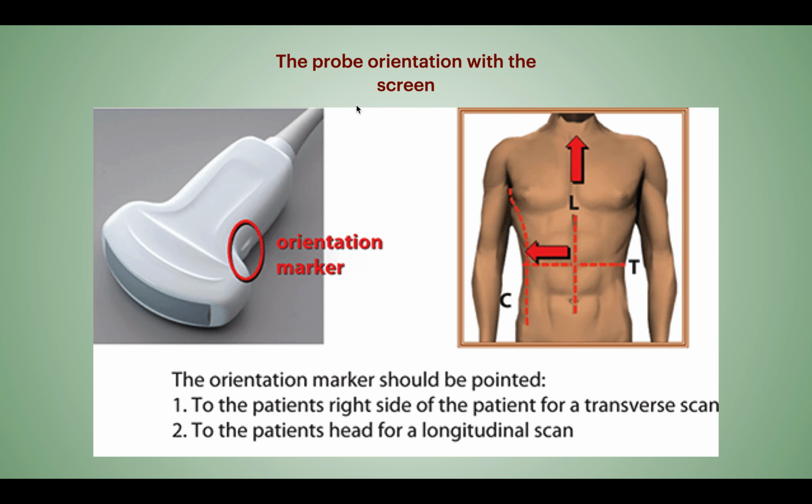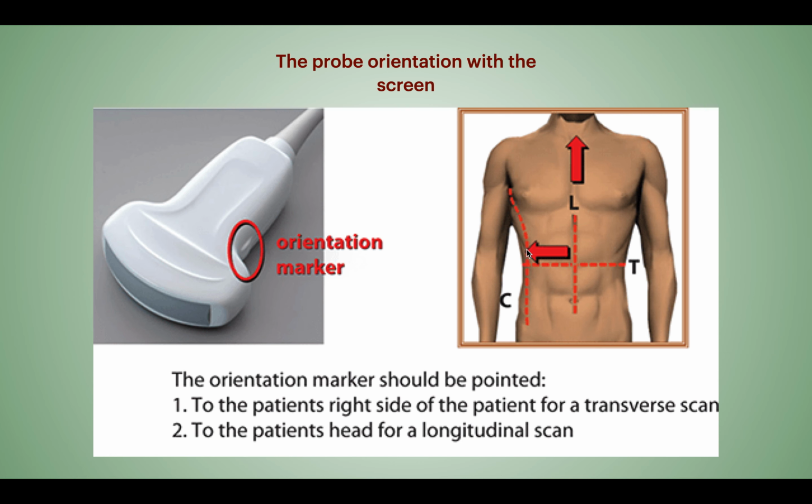The third question, what about the probe orientation? On each probe you will find a marker or notch, or some companies make it like a green lamp here. So it's called a marker or indicator. Generally speaking, we do sagittal scans or horizontal scans.